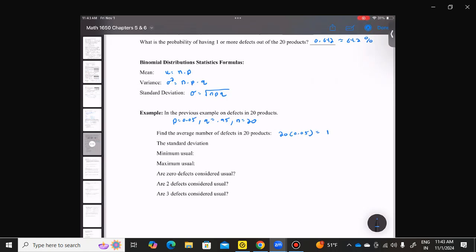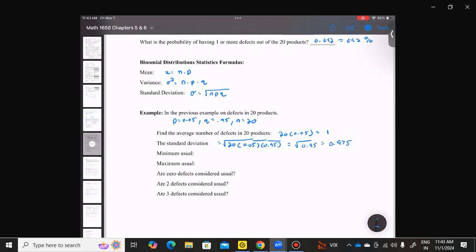The standard deviation is going to be square root of 20 times 0.05 times 0.95. And so you get square root of 0.95, which is 0.975.